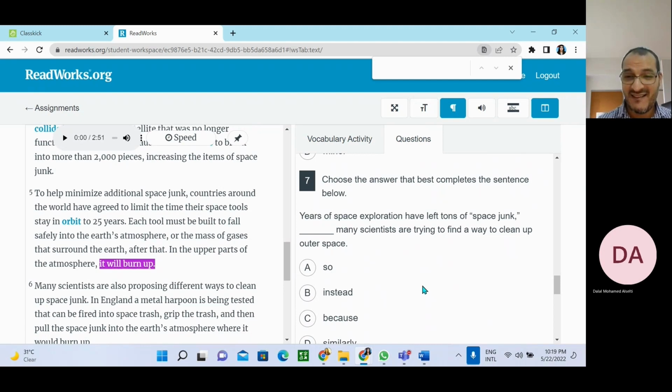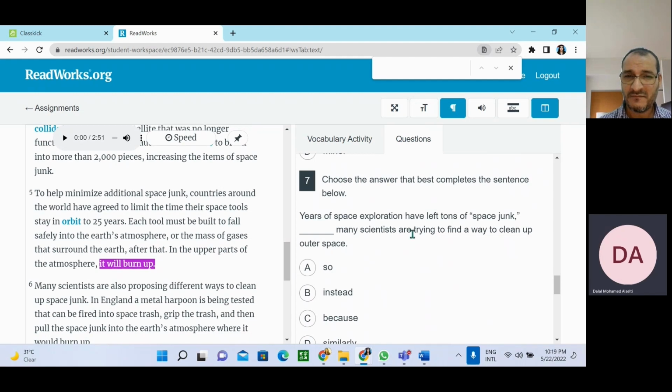Okay, number 7, please. Choose the answer that best completes the sentence below. Years of space exploration have left tons of space junk.